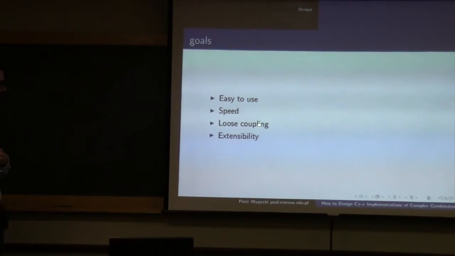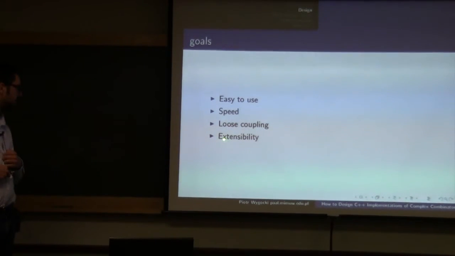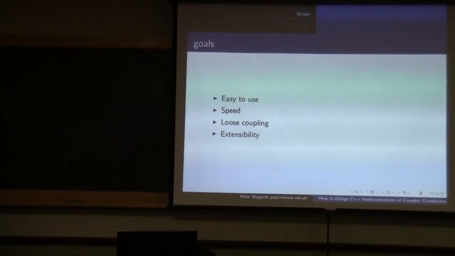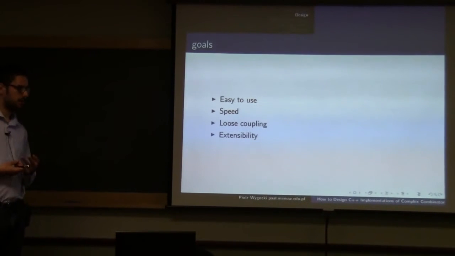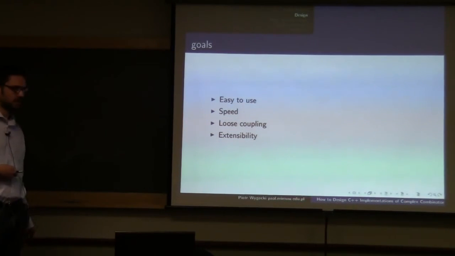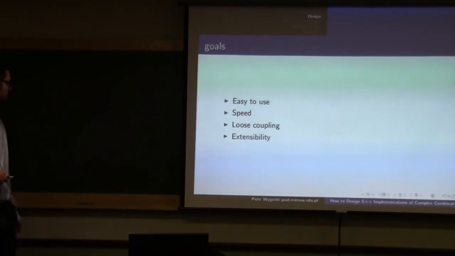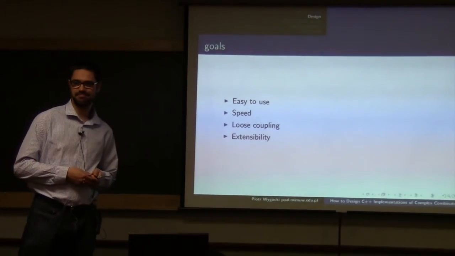And I'm going to give an example for that. And extensibility, so it's supposed to be easy to extend the once written code. And also it's supposed to be easy to extend the code written by some third party. Questions?